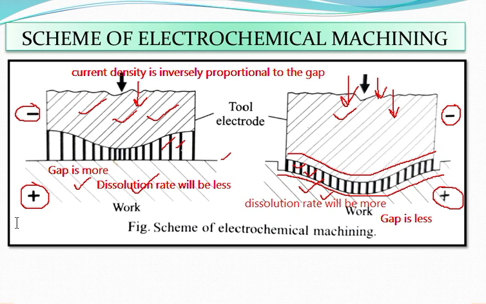Again, in an electrochemical machining process, the tool is provided with a constant feed motion, and the electrolyte is pumped at a very high pressure through the tool and the small gap between the tool and the workpiece.